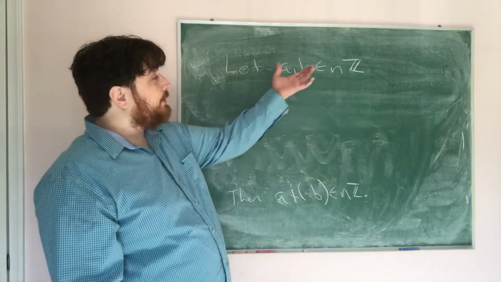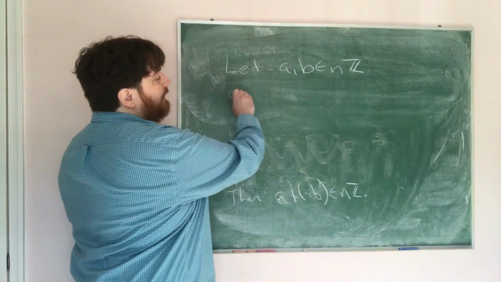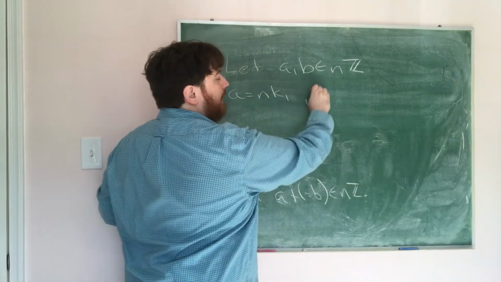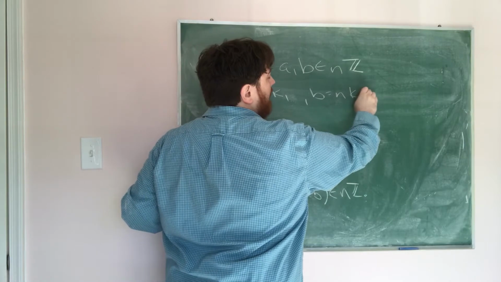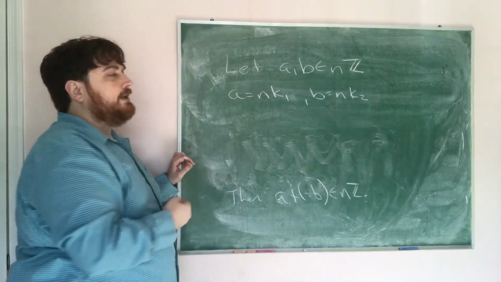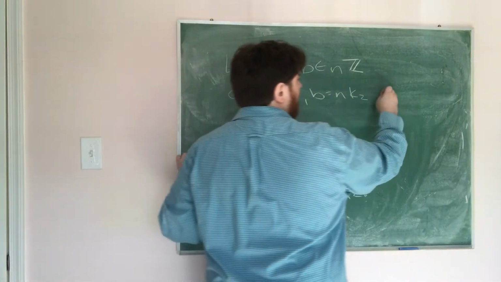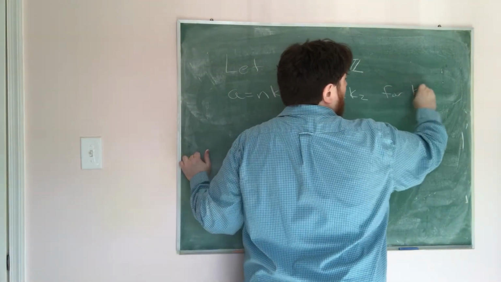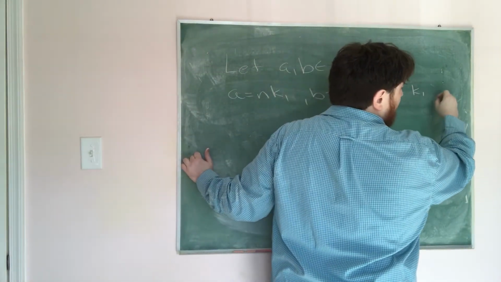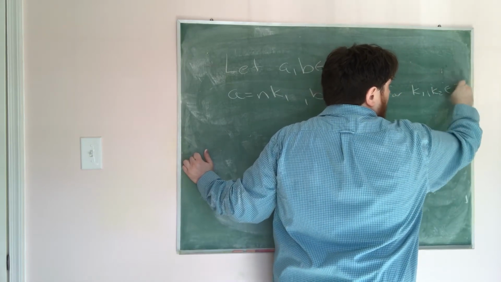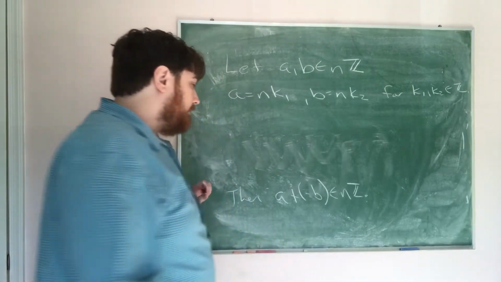The first thing I'm going to work with is the definition of nZ, and that means that a is a multiple of n, and b is a multiple of n. So I'm going to say a is n times some integer k1, and b is n times some integer k2. So a is nk1, b is nk2, for k1 and k2 integers.